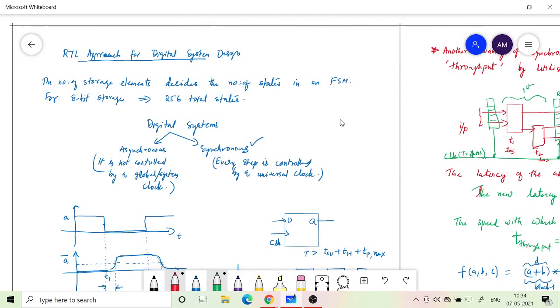Major architectures like processors are designed using the RTL approach, because the RTL approach can handle that many states in a different way. Okay, so I'll stop here.